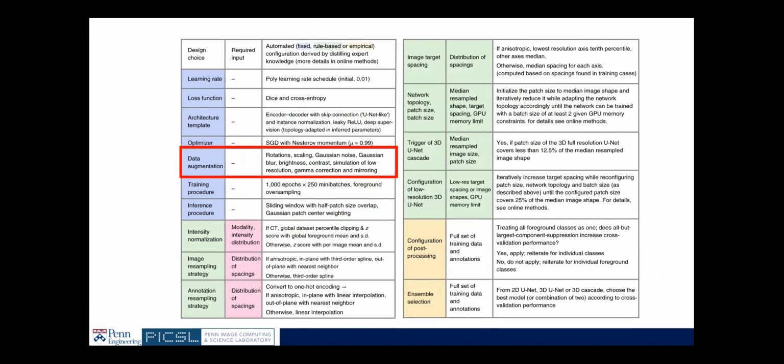Again, there are many slides, so I'll skip over some of them. But the main conclusion that I want you to take away from nnU-Net is that what we discovered is the key ingredient for medical segmentation is how you augment your input data, or data augmentation.